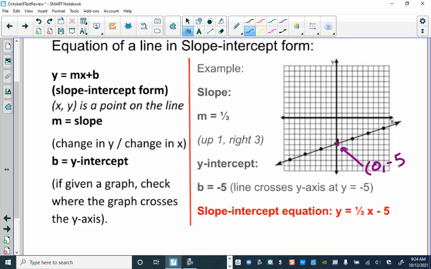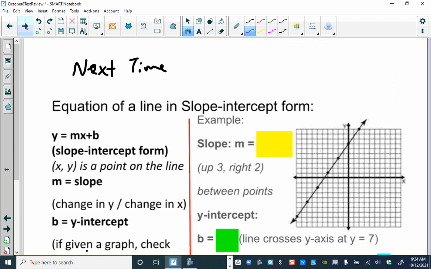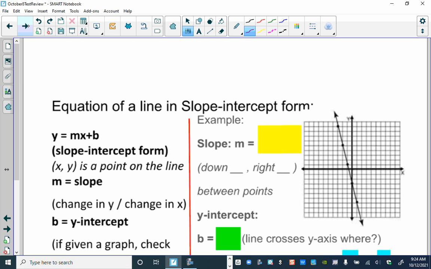Remember, that's your y-axis, x-axis. That just tells you the value of b. So x is 0, whatever your y value is, that's also your value of b. Don't worry so much about this problem. This one real quick I wanted to mention.